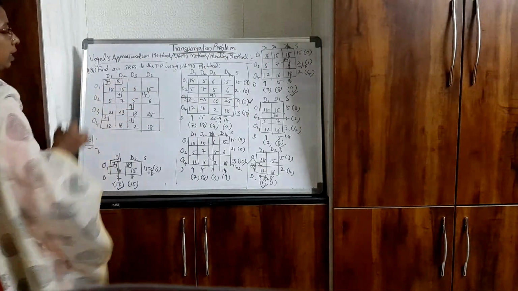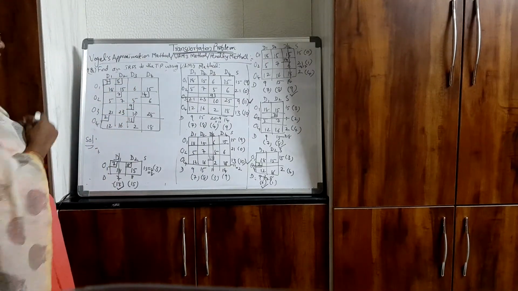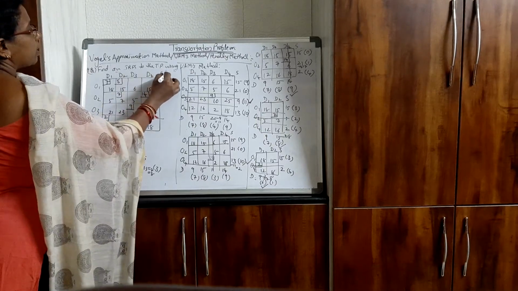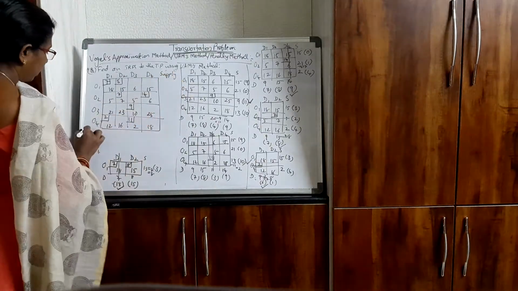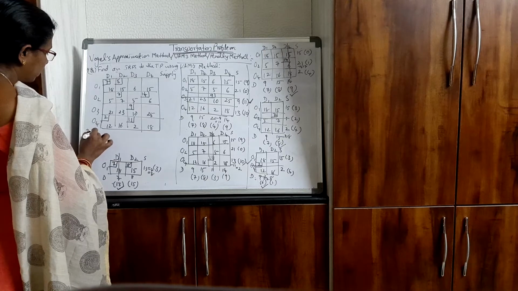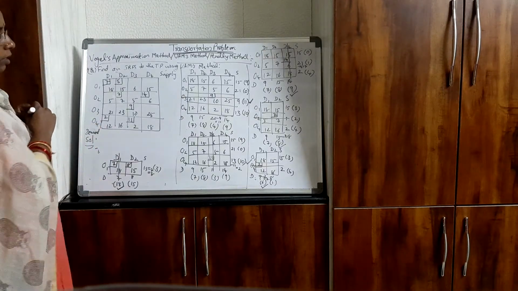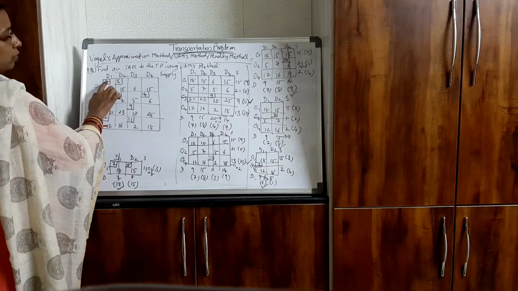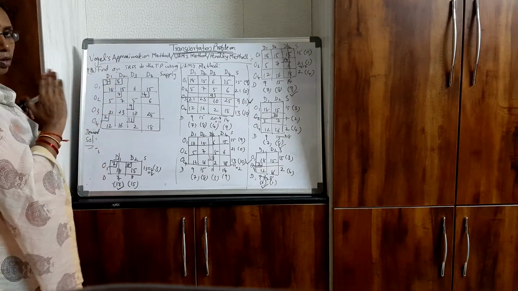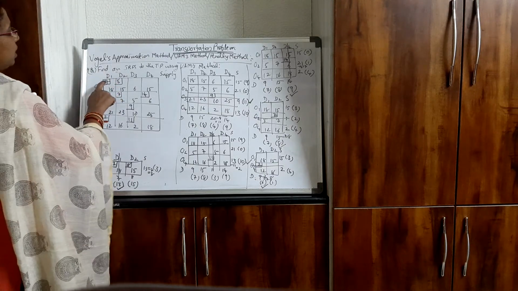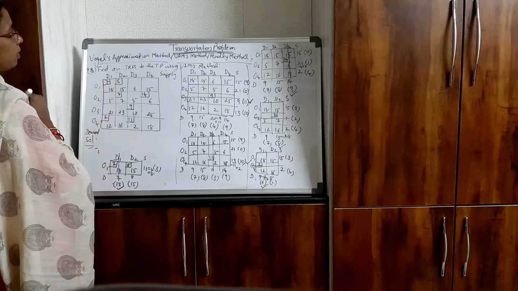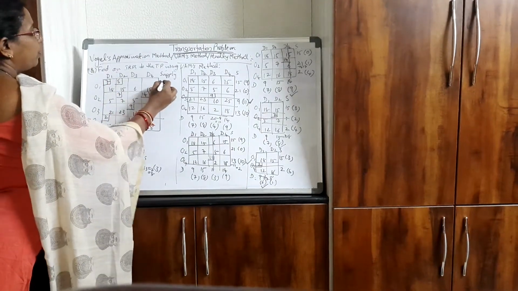Now you check the supply and demand values, whether you are getting same values or not, which are as given in the question. How you will check it? By adding the values which are written in the left corner of the cells. So here you have 7 and 8. 7 plus 8 is 15.